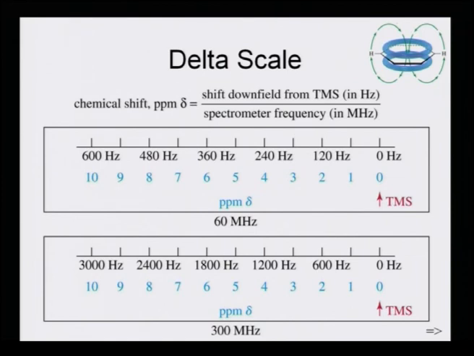And you will see that the TMS is always 0 at 0 hertz, and then as the protons move upward, they get deshielded and have different values. The scale is from 0 to 10 for proton NMR, where 0 is the TMS and it can go up to 10 ppm or delta value.